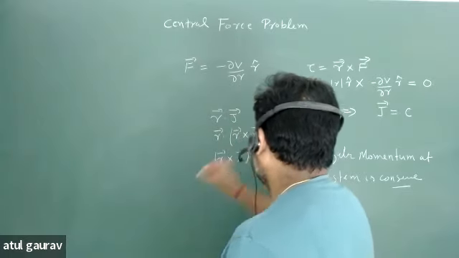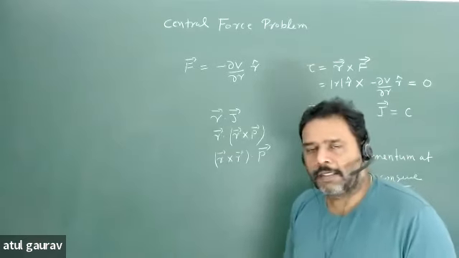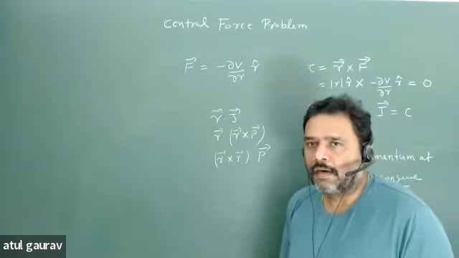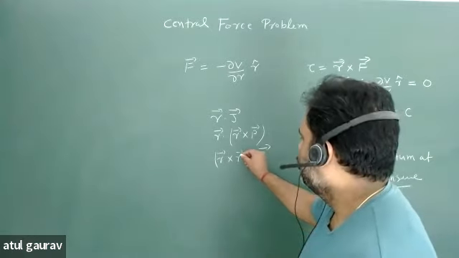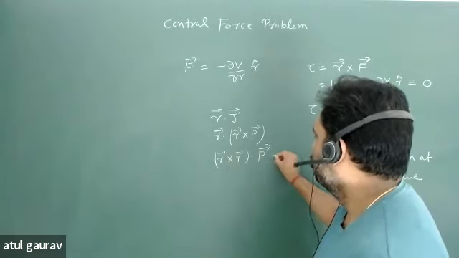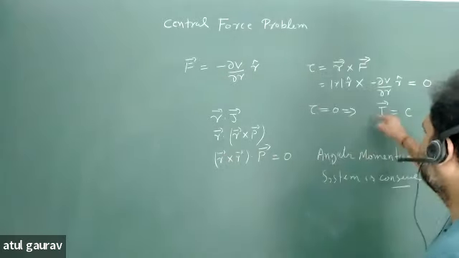Can we write this thing? So R dot R cross P is equal to, now what is R cross R? That is 0. So you can have 0. So now look at these two things together.